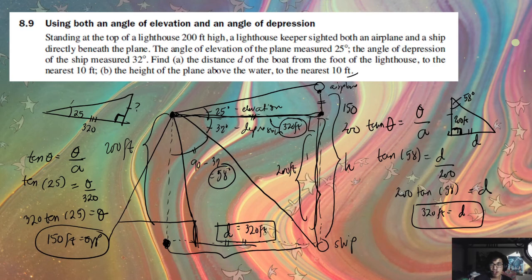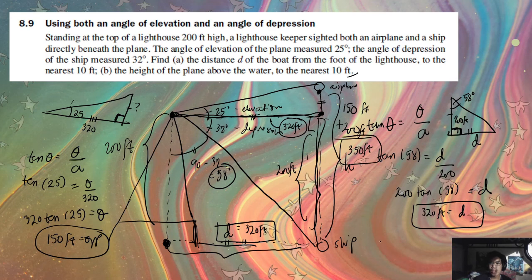If the distance from the line of sight to the airplane is 150 feet, and the height of the lighthouse is 200, adding them gives the approximate height of the airplane above the water, which is around 350 feet.